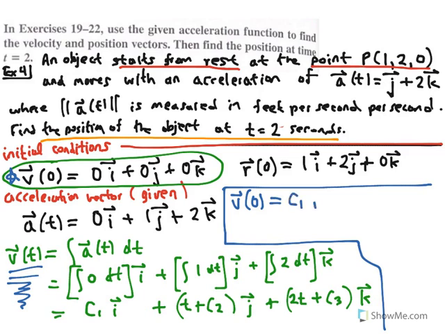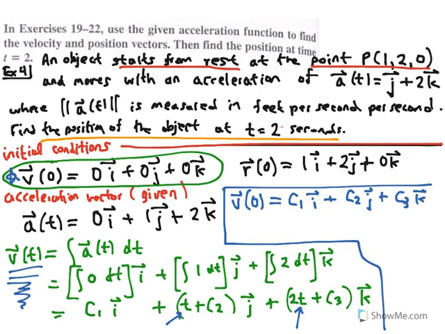So that would just give me c sub 1 i, there's no t there, right? And then I substitute 0 for t, and that would give me 0 plus c sub 2, or c sub 2 j. And then I substitute 0 for t here. 2 times 0 is 0, so I have c sub 3 k.